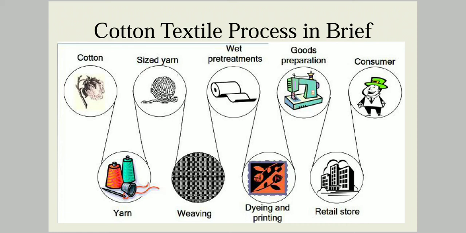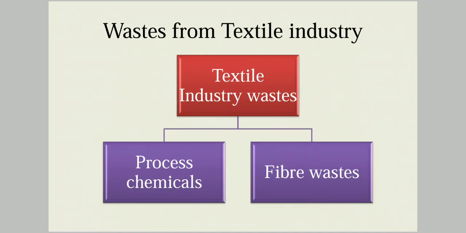Yarn is converted into sized yarn, which is then woven to form a fabric cloth, which undergoes wet processing treatments, and it is dyed, printed, and finished as a good, and then it is transferred to sales. The overall process involved in cotton textile manufacture, we will see in the coming slides.